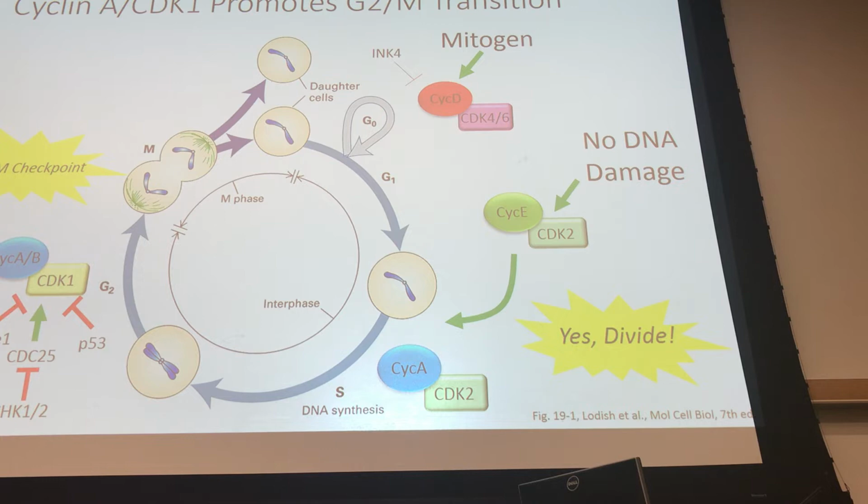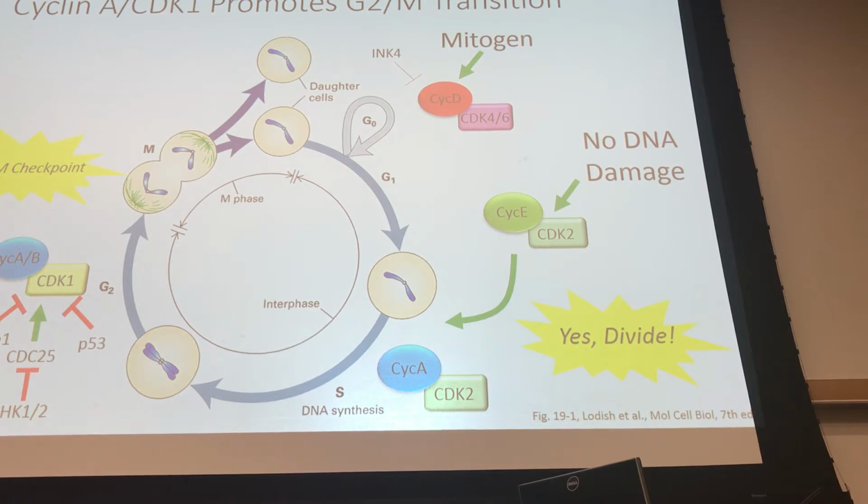This is not through P21, this is through an indirect mechanism. Proteins called 14-3-3 proteins will be activated through P53, and they inactivate CDK1. So it's not through P21, but P53 can block CDK1 activity in response to DNA damage, so the cell doesn't enter into M phase.